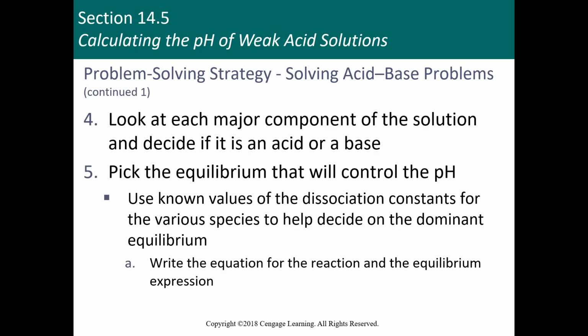Look at each major component of the solution and decide if it is an acid or a base. Pick the equilibrium that will control the pH. Use known values of the dissociation constants for the various species to help decide on the dominant equilibrium. Write the equation for the reaction and the equilibrium expression.